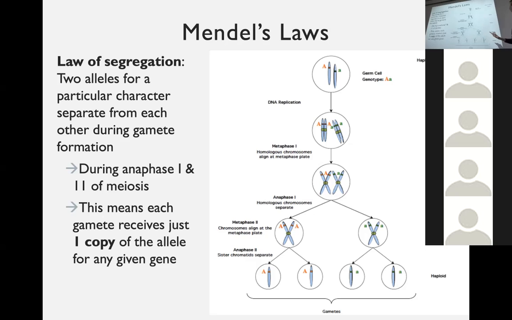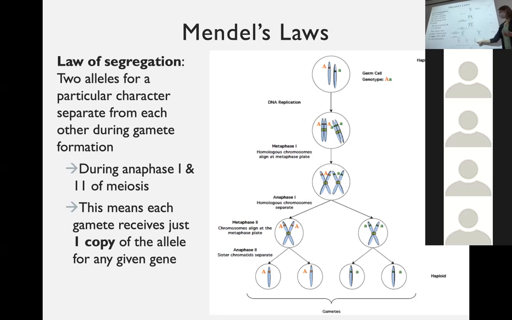So during meiosis 1 and 2, the first round and the second round. That means every single gamete at the end, because we only have one copy of the DNA at the very end of meiosis, has only one copy of that allele. So let's say we had 2 big A's and 2 little a's.